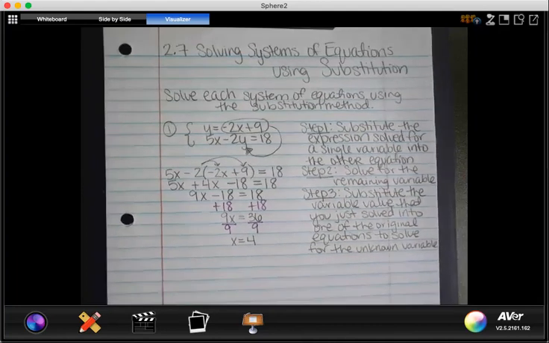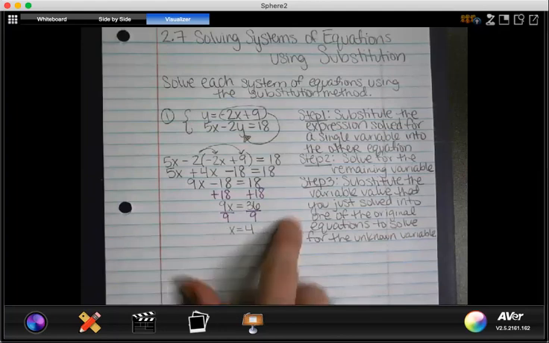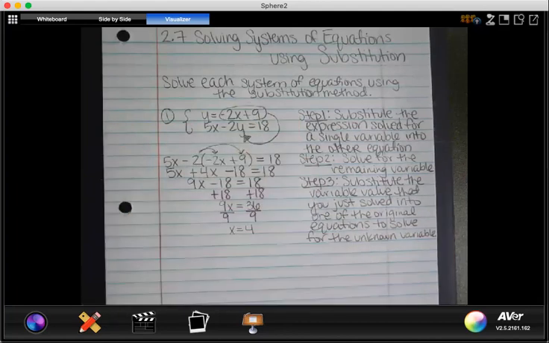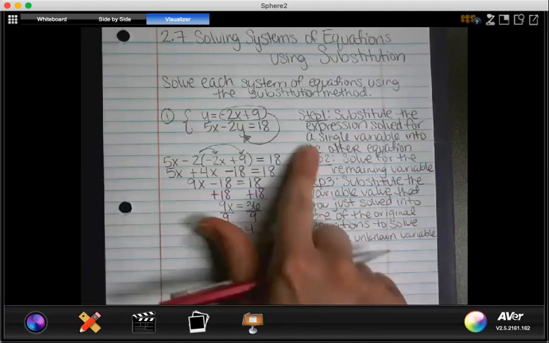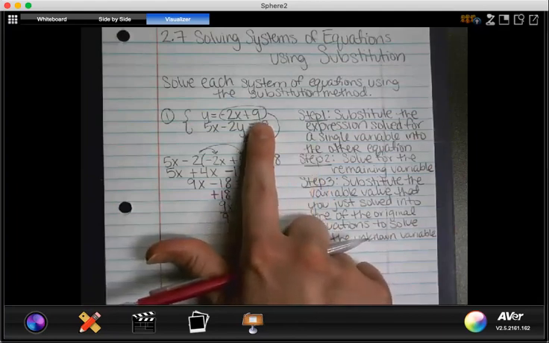That was a lot of writing there. Substitute the variable value that you just solved into one of the original equations to solve for the unknown variable. So we're going to take this value of 4 and substitute it back into one of the original equations to solve for the other unknown variable, which would be y. It makes more sense to substitute back into the one that's already isolated, the first equation.